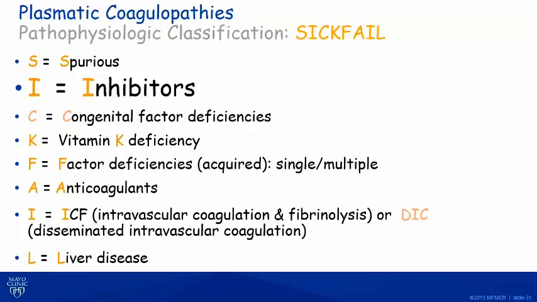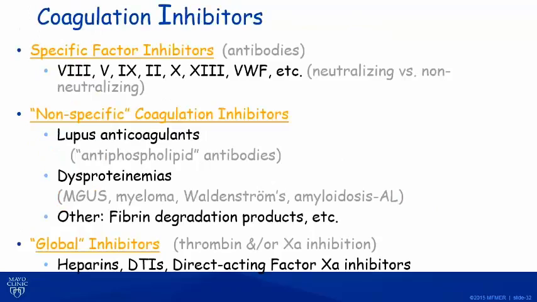Last, inhibitors. Specific factor inhibitors are antibodies that neutralize factors, primarily factor 8 and some others which we'll mention. The nonspecific inhibitors means they're not specific for a particular clotting factor. Lupus anticoagulants are, quote, antiphospholipid antibodies, really antibodies to phospholipid binding proteins.